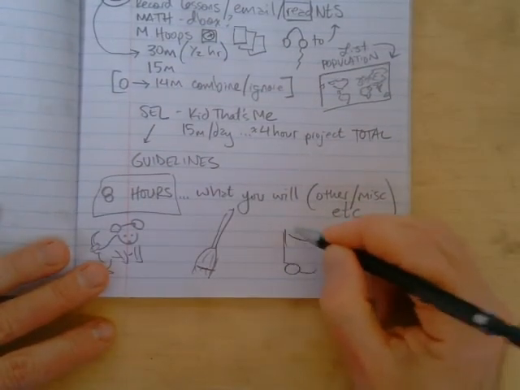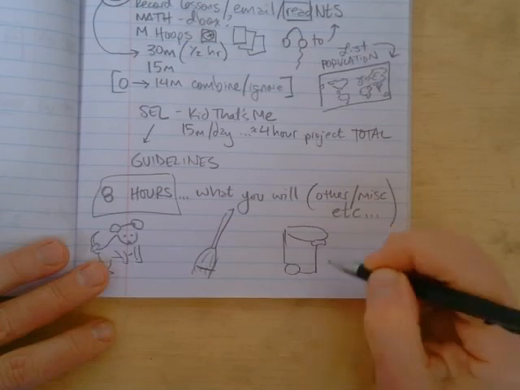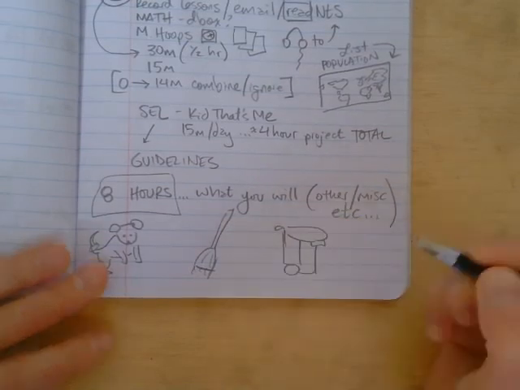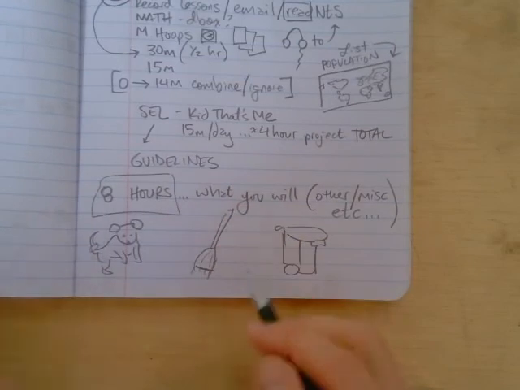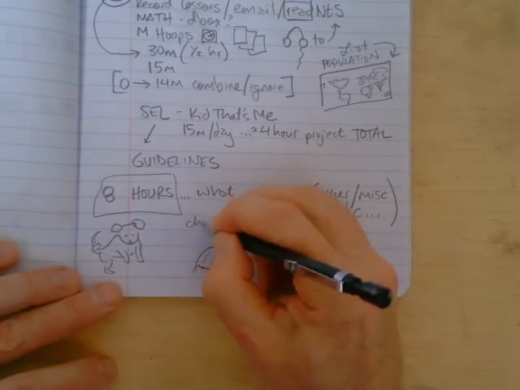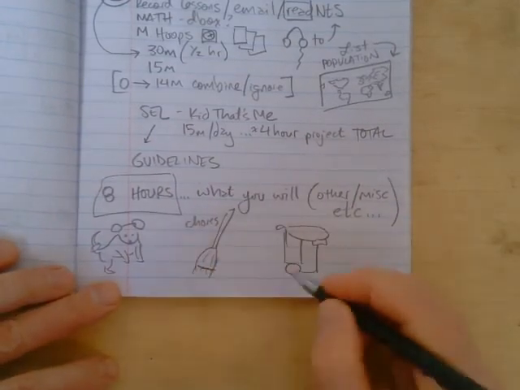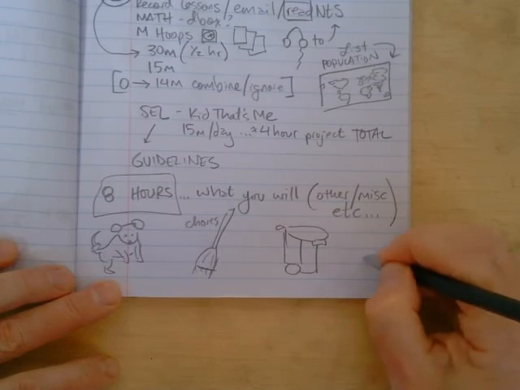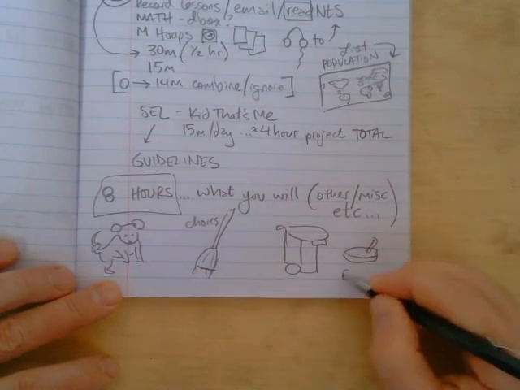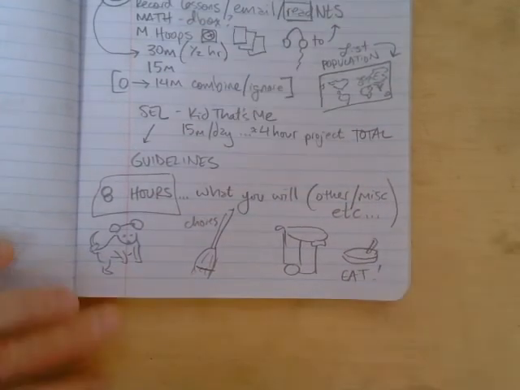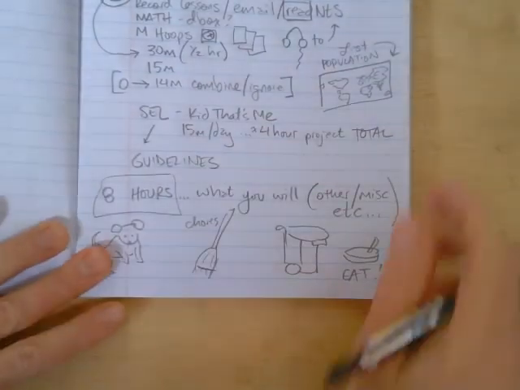I have recycle bins, so we have to put out our recycle bins. And you'll notice right now I'm drawing more than I'm writing. So chores, cook. I know some people cook food. Definitely have to eat.